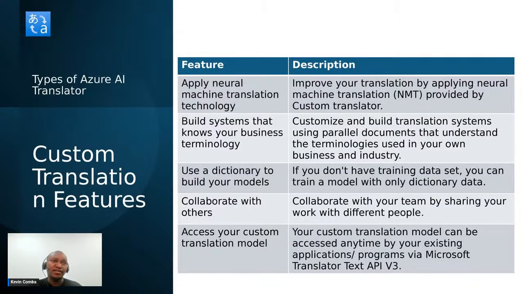So we also have custom translation features. So one thing to note when you hear the word custom means that someone is not going to use the already trained model. So you're going to need to tune or do something more with the model to fit your workload. So these are use cases with businesses which might need to do specific task with a certain service.